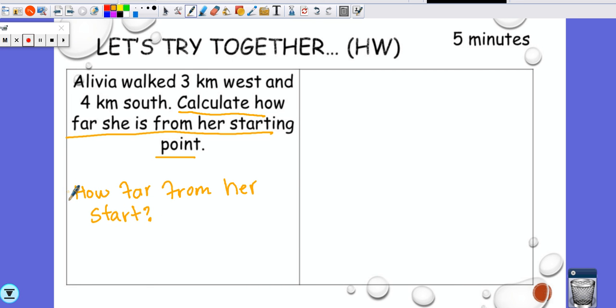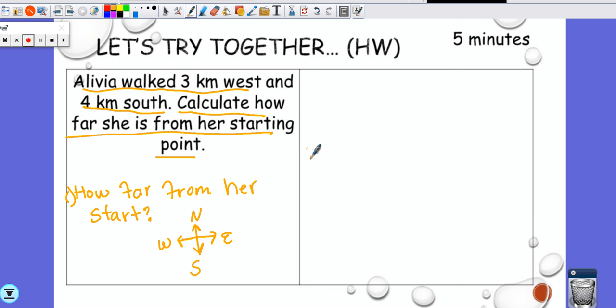And then the next thing I'm going to do is draw a picture from what they gave me. It says Olivia walked 3 kilometers west and 4 kilometers south. So I'm going to start drawing a picture. And this is north. This is how I remember: Never Eat Shredded Wheat.